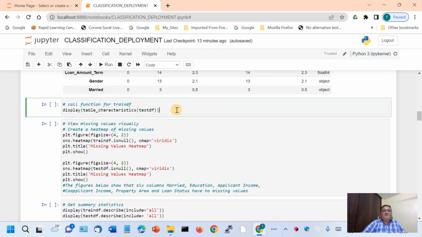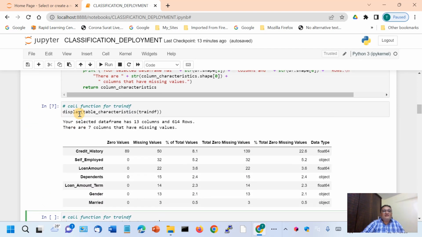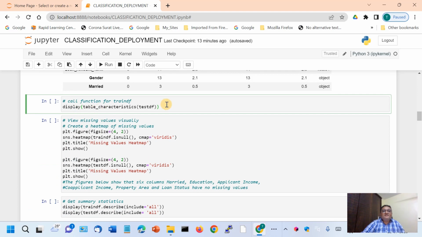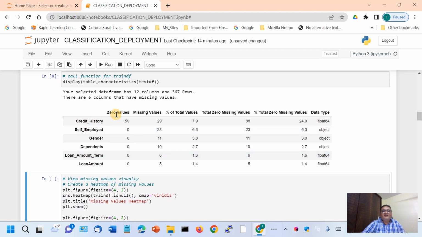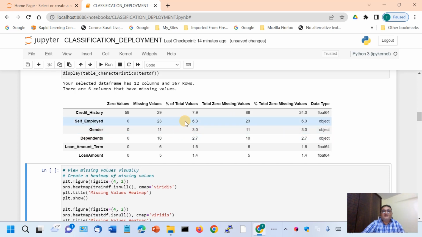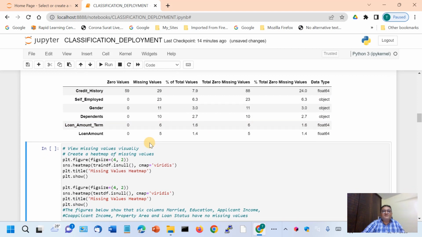Okay. Same function we call, table characteristics of test DF. So a table is returned by the function and you can find how many zero values are there, what is the percentage of zero values, how many missing values are there, what is the percentage of missing values and all that.